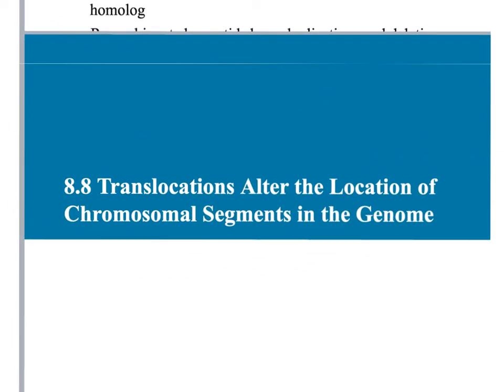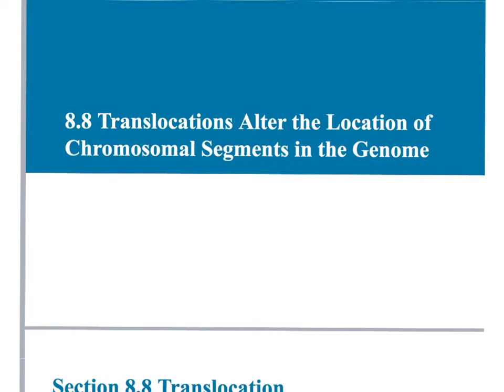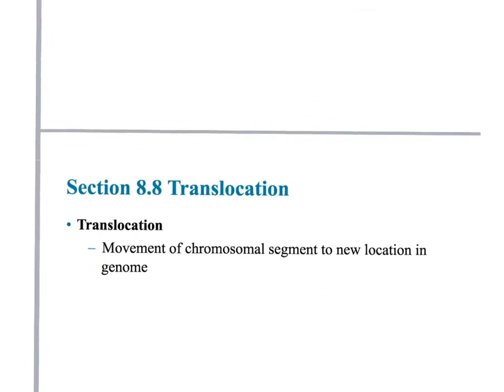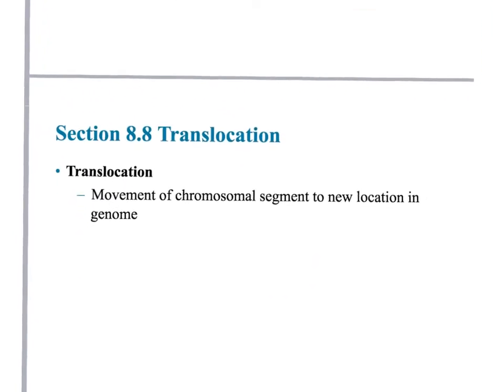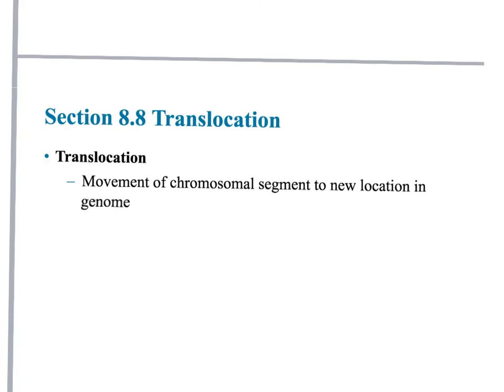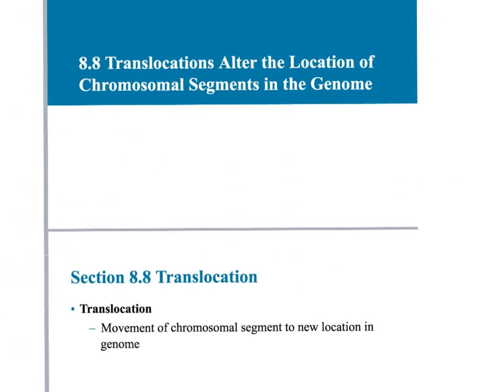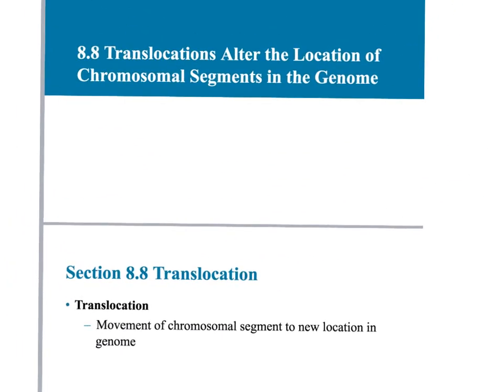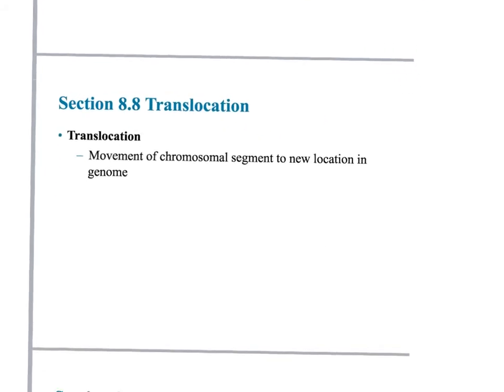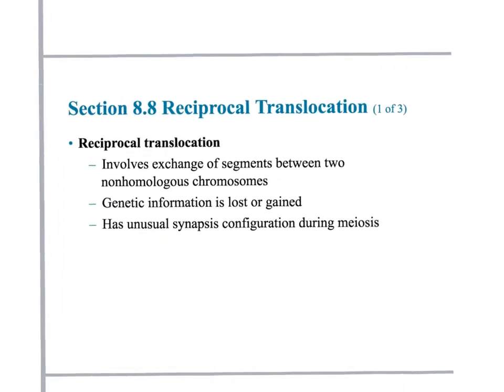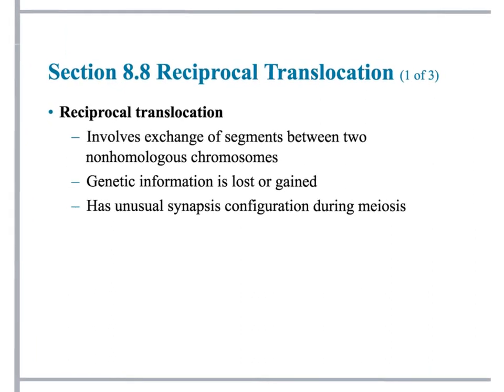And then translocations alter the location of the chromosomal segments in the genome. The reason is that it's a movement of chromosomal segments to a new location. So when you move your chromosomal segments to a new location, it's going to alter their location within the genome. A reciprocal translocation involves the exchange of segments between two non-homologous chromosomes.